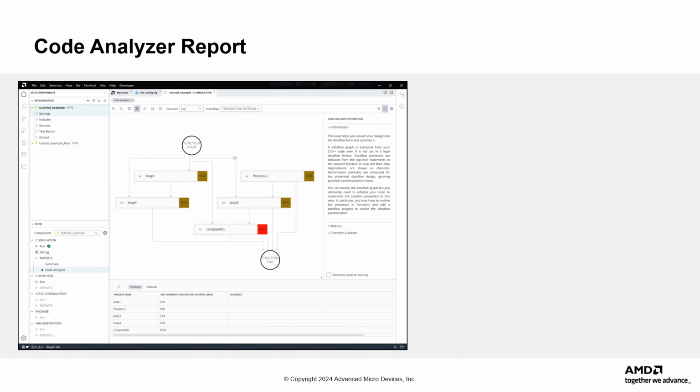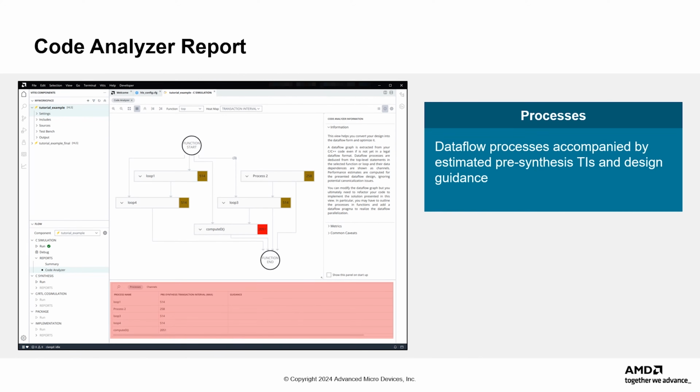The Code Analyzer report initially displays a graph of the processes and channels defined by the top-level function of the component. Within the Processes section, the graph's processes are displayed, accompanied by estimated pre-synthesis transaction intervals, TIs, and any design guidance generated by the analysis.